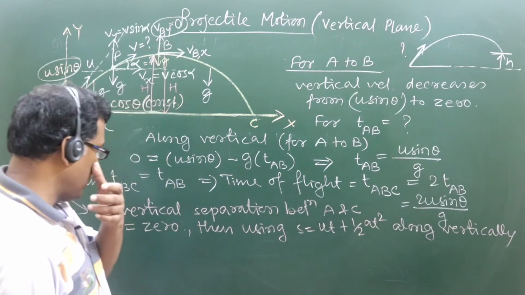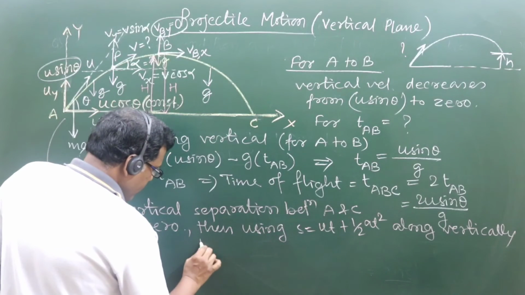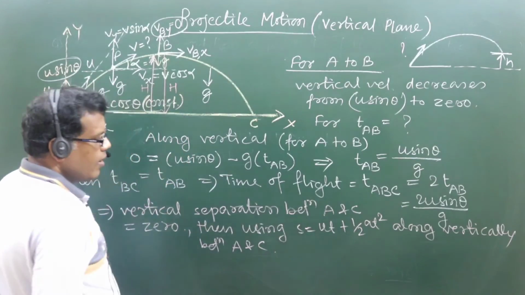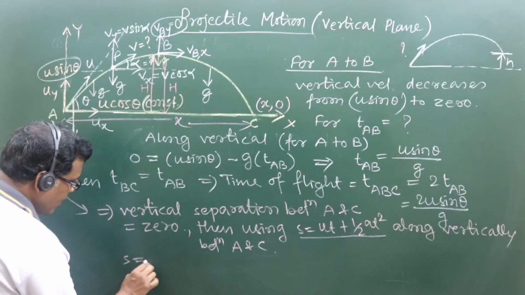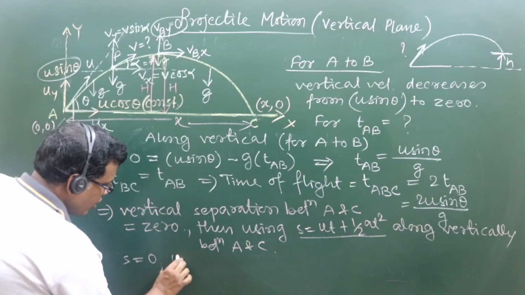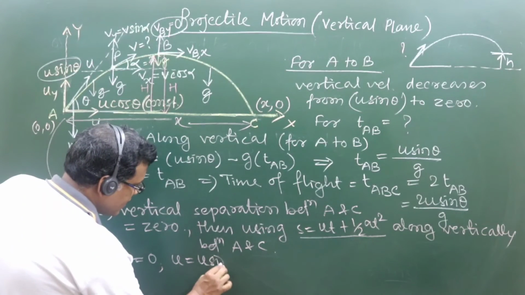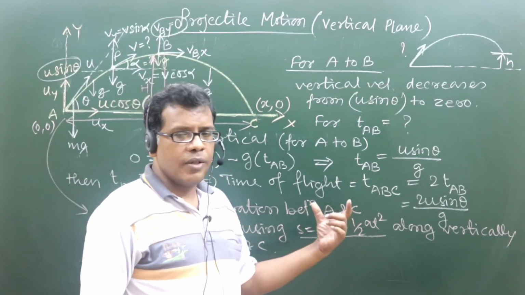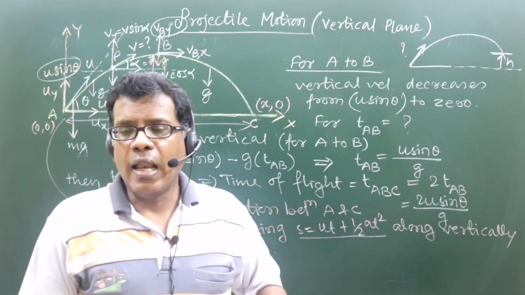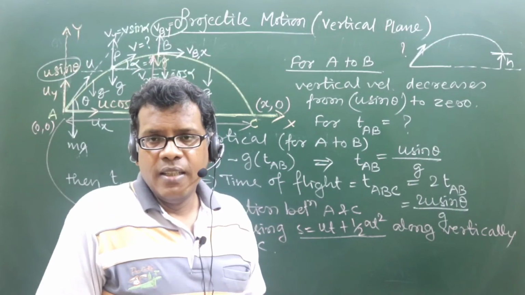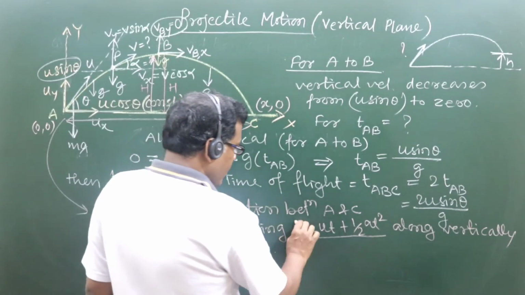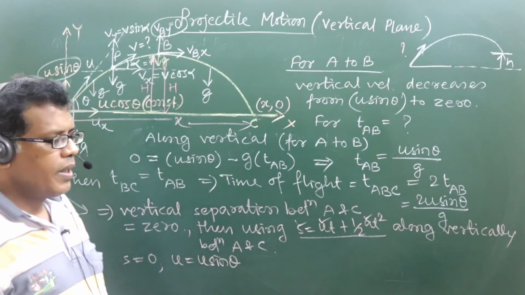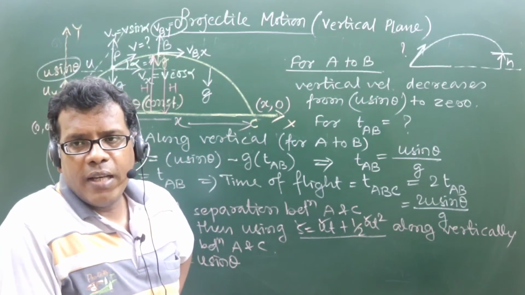If I use this formula along the vertical between A and C, S to be used is 0, u to be used as u sin theta, because when we try to use one equation along a specific line, all the vectorial terms available in that equation must be taken along that line.